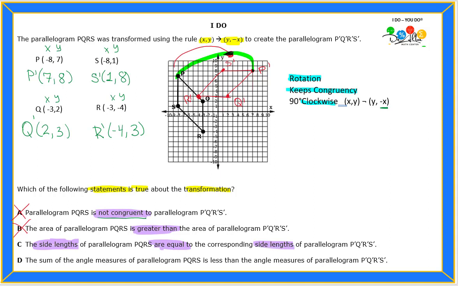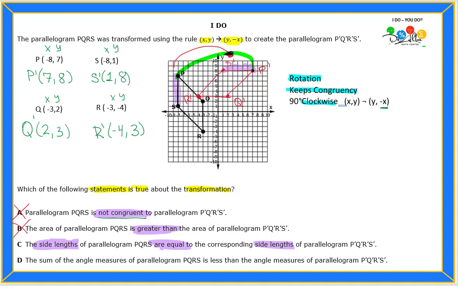One of the easiest to compare is S and P because I can count the units. 1, 2, 3, 4, 5, 6. Come back up here and count: 1, 2, 3, 4, 5, 6. So the side lengths don't change. They're still congruent, so letter C is correct.